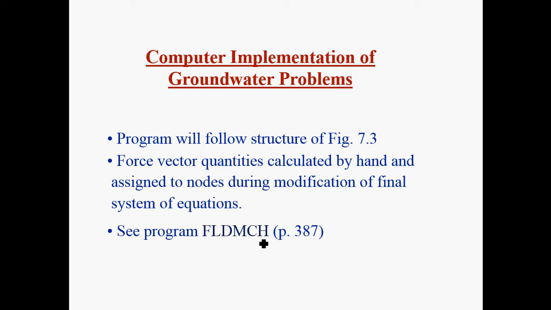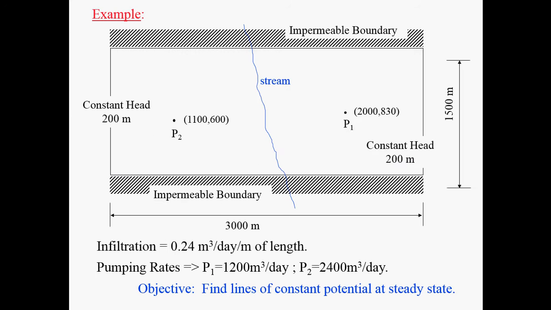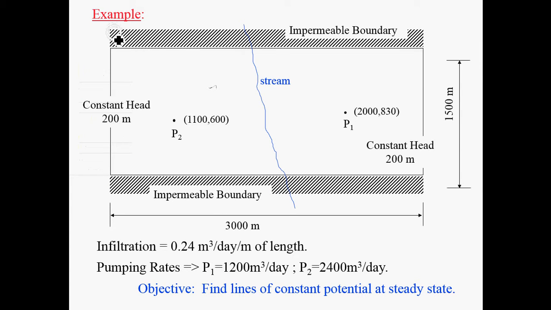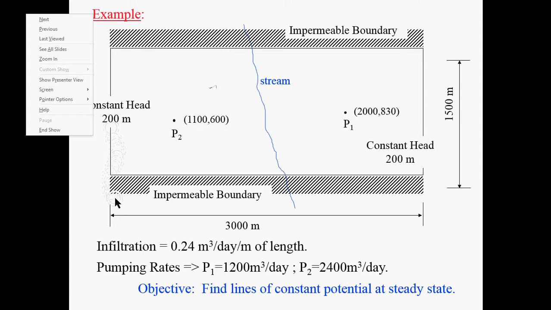Of course, we can have a simple program like the fluid mechanics one that we have in our textbook, or in this case, we can use Patran software. How are we going to do this? We're going to treat this as a region where the finite elements are defined by using triangular elements or quad elements, dividing here.